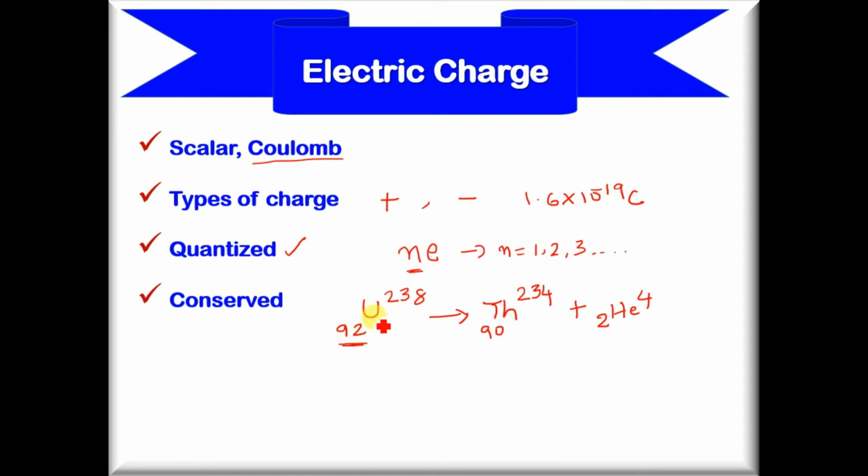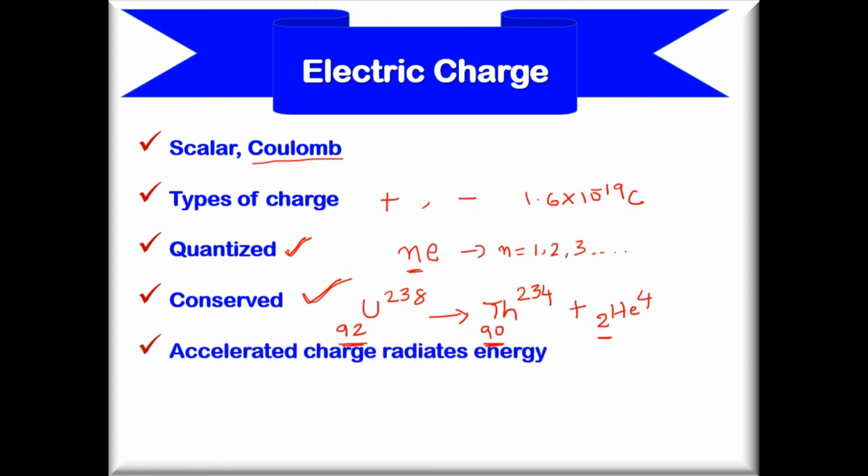And if you see here, this is the charge of uranium, 92, and even after the radioactive decay, 90 plus 2, the total charge before and after the radioactive decay is the same. That means charge is neither created nor destroyed, it is just redistributed, that's all. So that's why electric charge is always conserved. These two points are very important: electric charge is quantized and electric charge is conserved.